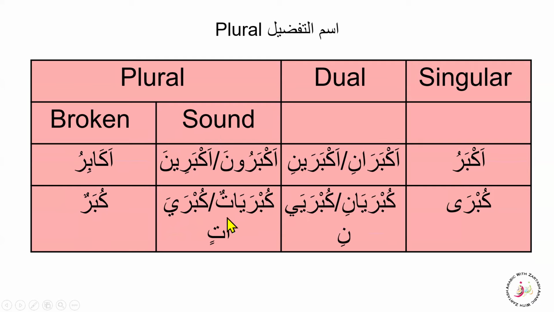Then we have the sound plurals, kubrayatun, kubrayatin, kubrayatin. And then the broken, which is fully flexible, kubarun. We can see the feminine one is fully flexible, while the masculine version is partly flexible, akabiru, and here kubarun.